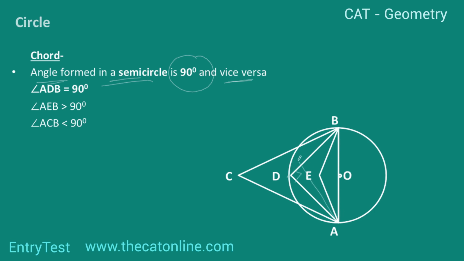So if I try to join it here, this also will be 90 degrees. So angle which is formed outside the circle will be less than 90. Angle formed on the circumference by the diameter would be equal to 90. And angle formed inside the circle with diameter as the chord will always be more than 90 degrees.